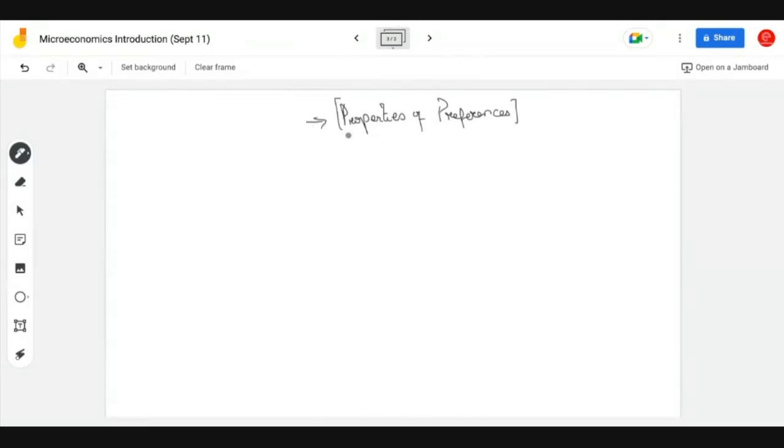Whenever we look at any of the properties in microeconomics, we have assumptions. Okay, and assumptions are very important for economics, not only microeconomics. We can look at international relations, we can look at development economics. Assumptions are one of the most important parts.